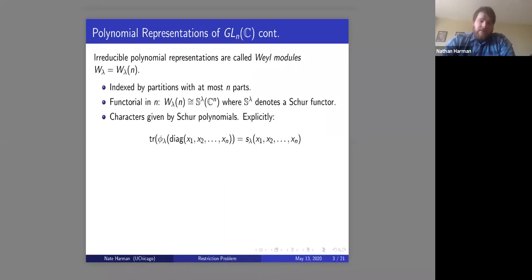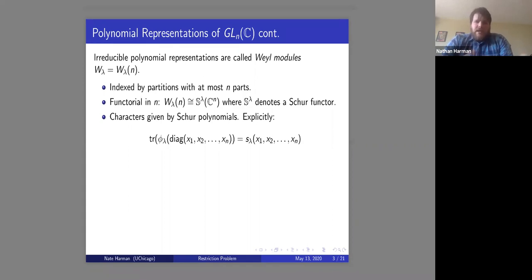Maybe the most familiar thing for everyone is that the characters of these irreducible representations are given by Schur polynomials. Explicitly, what I mean by a character is: I take a diagonal matrix, I push it through my representation, with this phi lambda meaning the actual map defining the representation. So you let your diagonal matrix act, and then you take a trace.